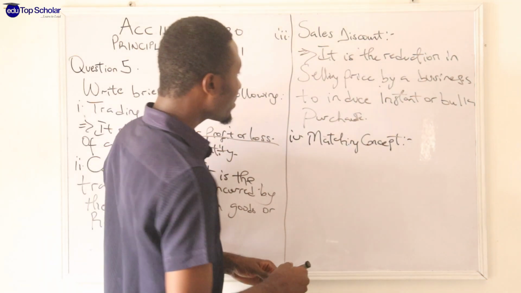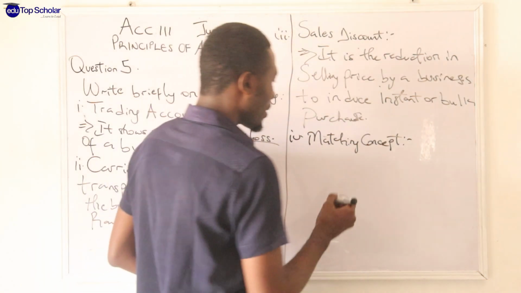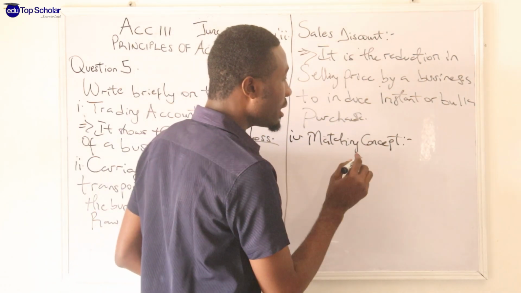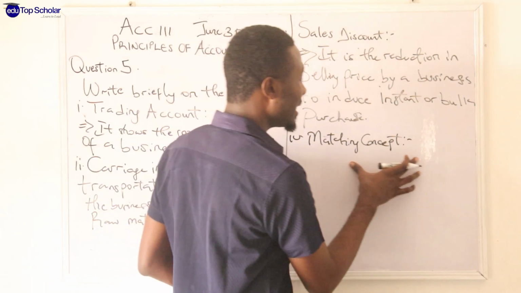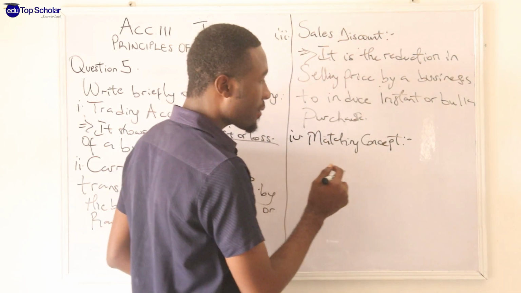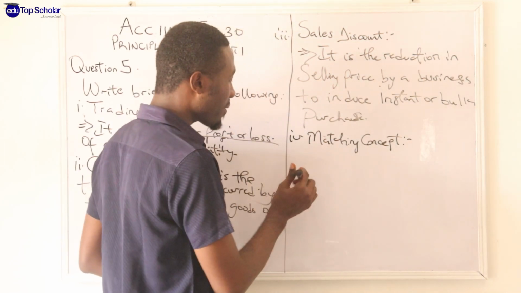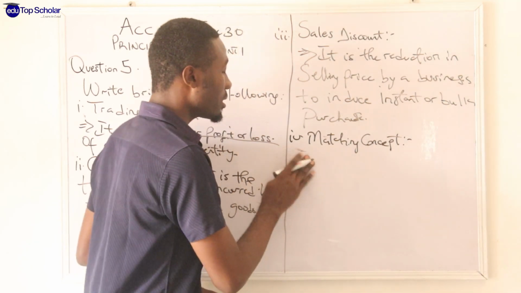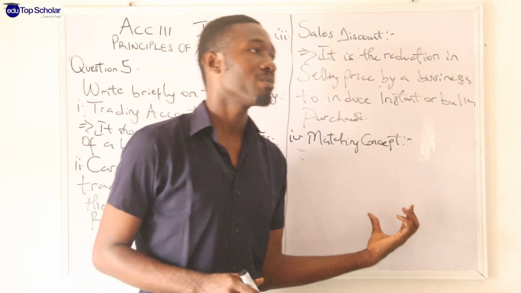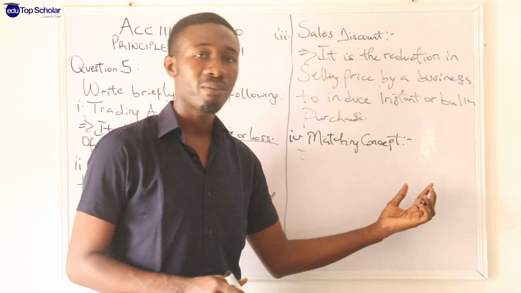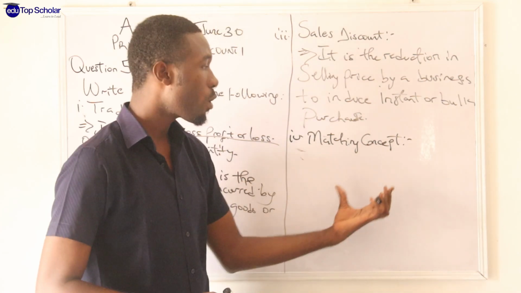Matching concept is in line with the concept of periodicity. That's why in accounts you have the balance sheet, or statement of financial position, as at 2005, as at 2006, and so on.